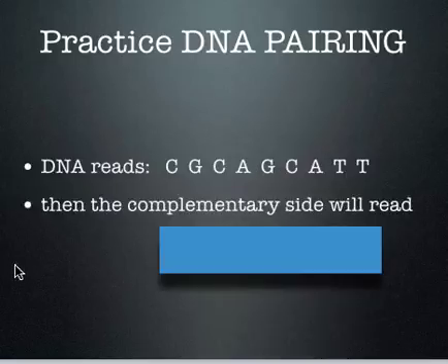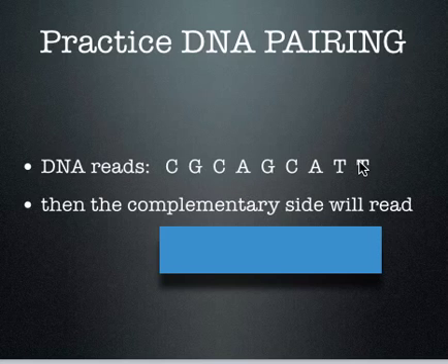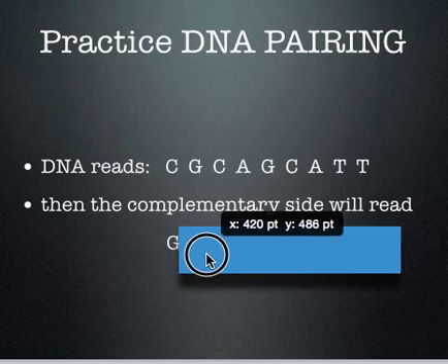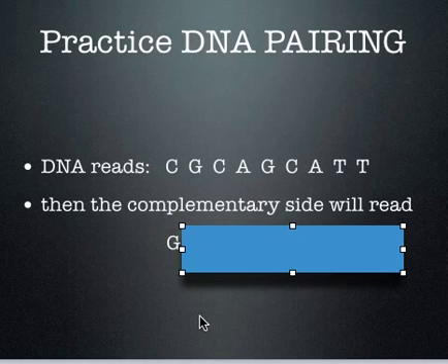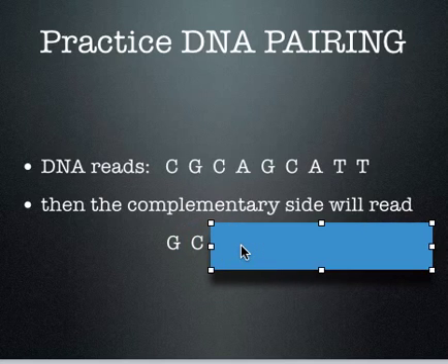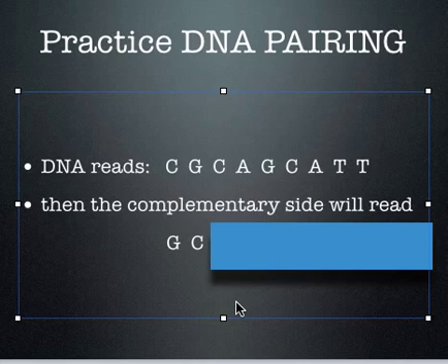All right, here's a second example, which is right underneath the first. If DNA reads CGC, AGC, ATT, there's 3 words or 3 codons here. What's going to go opposite the C? If you said G, you'd be right. What's going to go opposite this G? Well, that would be a C, because G and C always bond together.